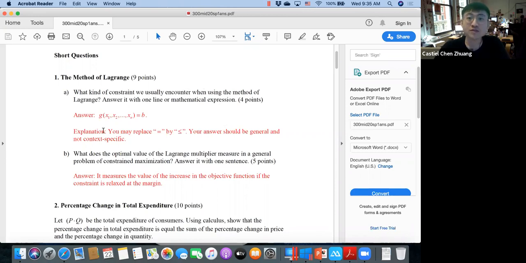In lecture 1, the professor talked about these types of constraints we encounter in general, and also the meaning of the Lagrange multiplier in general. You just have to answer in the general context instead of under consumer theory. This method will be used in the second half of the quarter as well, so it's really not context specific.